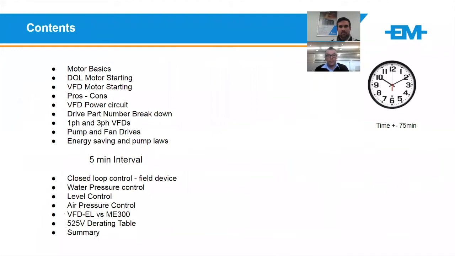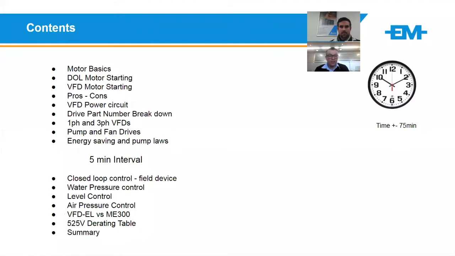So there you can see a layout of the contents. We'll be looking at the basics, pros and cons of drives versus DOLs, single phase and three-phase drives, applications, pumps and fans, the energy saving aspects, and pump laws. Then we'll have a quick 5-minute interval, enough time to make another cup of coffee.